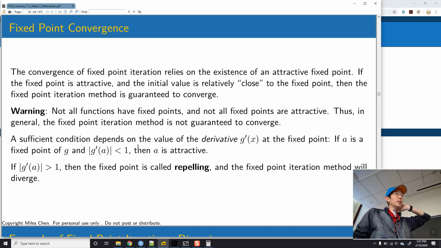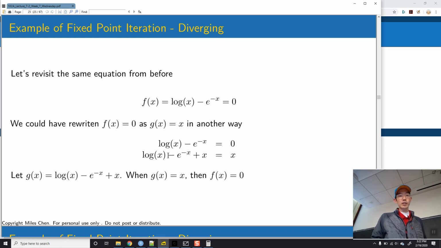The condition that makes a fixed point attractive is that the magnitude of the derivative at the fixed point has to be less than 1. If the derivative at the fixed point is less than 1, then you have an attractive fixed point, okay?